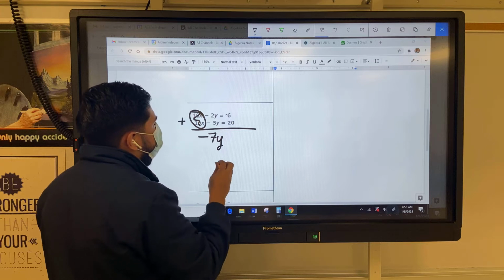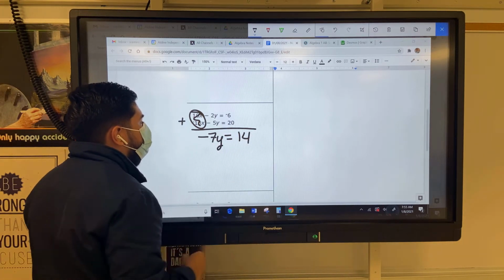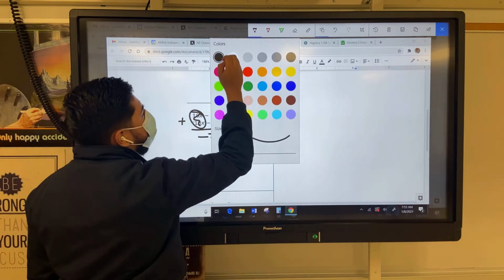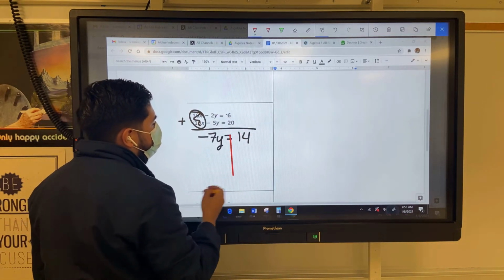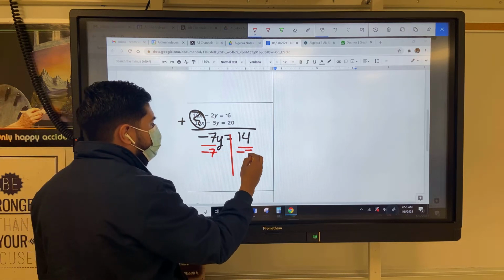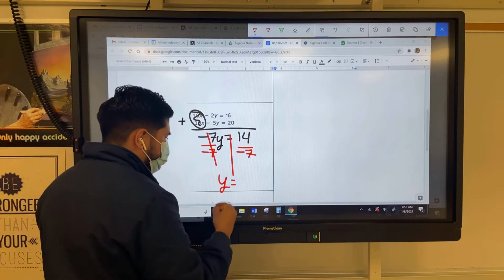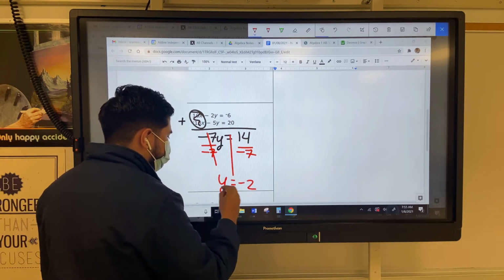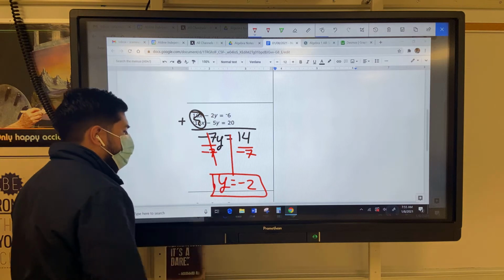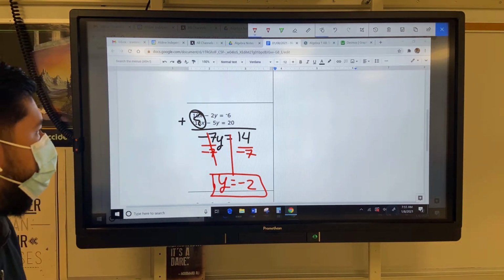Negative 6 plus 20 gives me equals 14. How do I get my y? Divide, divide. Negative 7, negative 7. My y equals negative 2. If I'm going a little bit fast, sorry. I'm trying to slow it down, but I'm just excited.